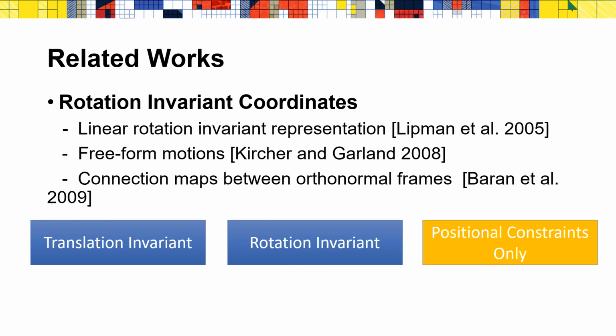To deal with the rotation, other deformation representations have been presented to make it rotation invariant and translation invariant, such as the pioneering work of linear rotation invariant representation from Leif and the freeform motion. These works are freeform rotation invariant works.